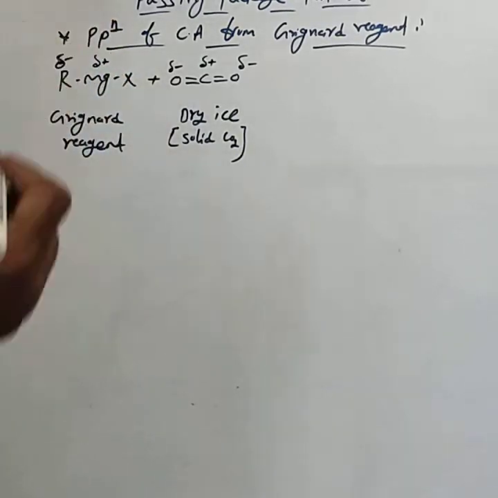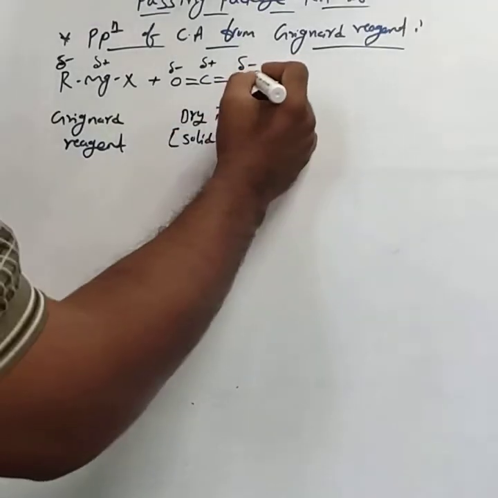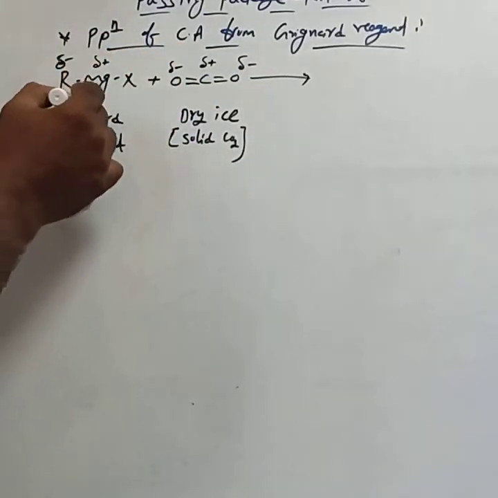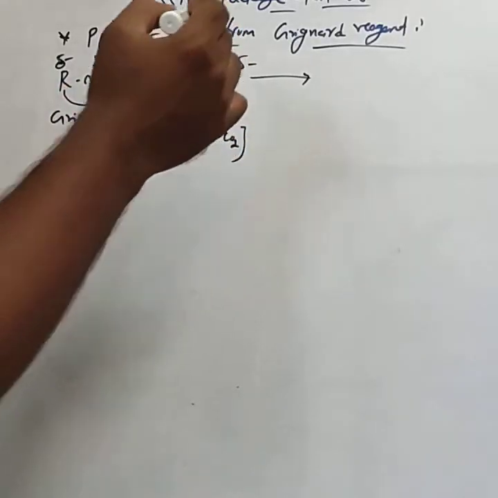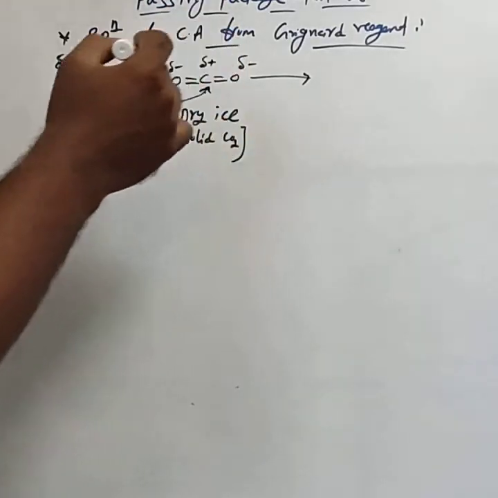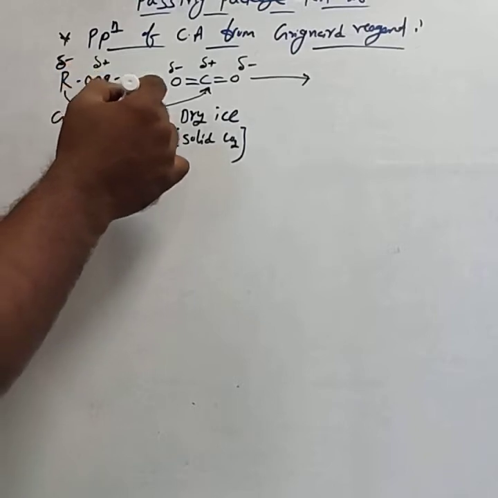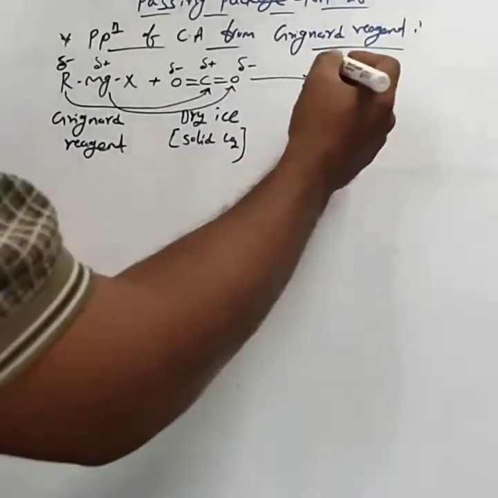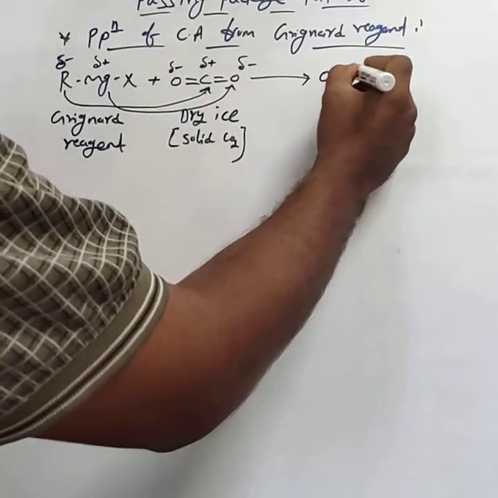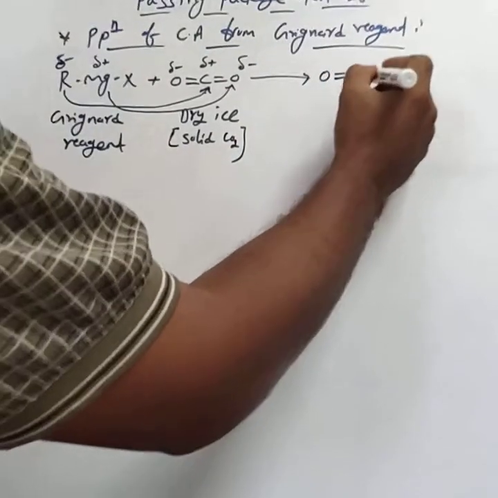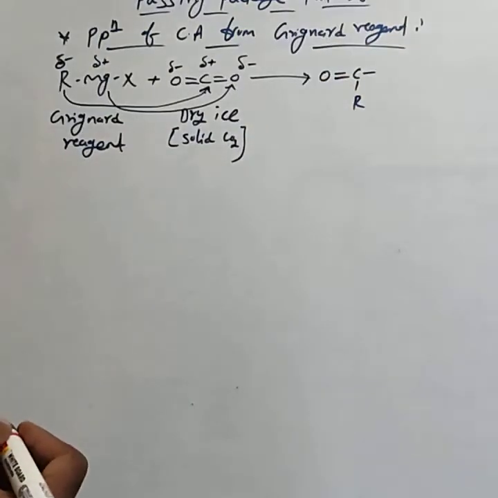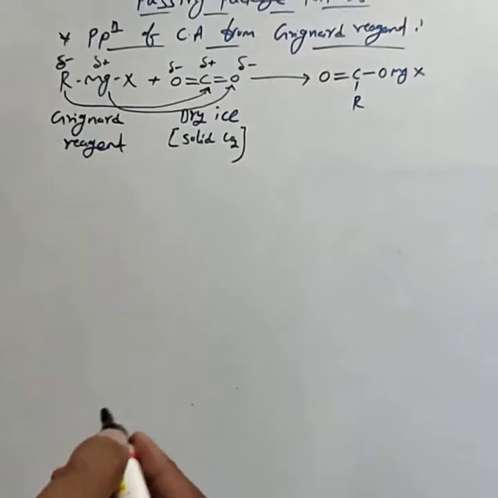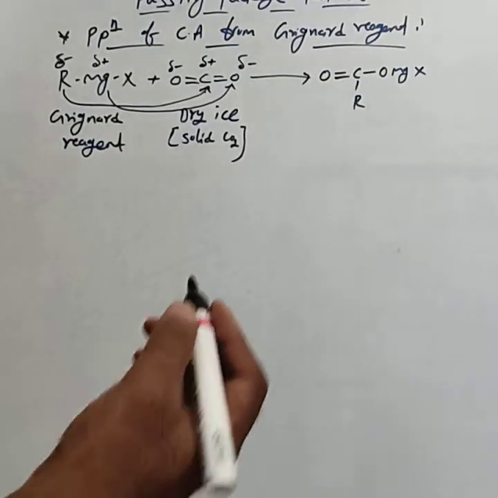That is, R is added to the carbon and magnesium is added to one of the oxygen atoms. Then you get this product: R-C, the double bond converted into single bond, O-MgX. This is the intermediate.